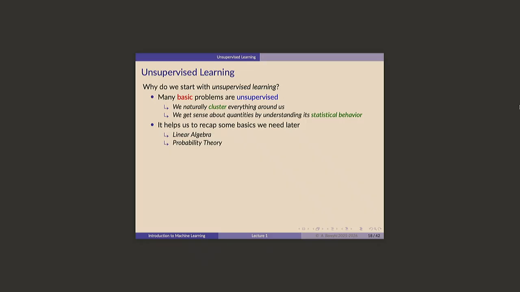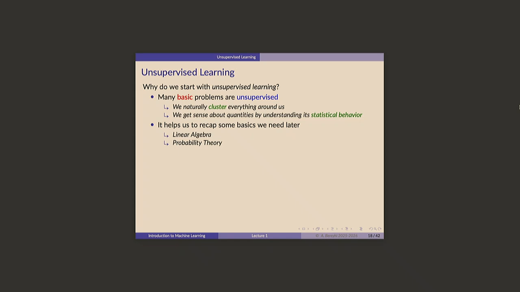But the second thing is that it makes more sense to me to start with unsupervised learning, because the supervised learning problem is actually a special case of this one. This is one point. And there are lots of things involved here, like much linear algebra background that you might need, or probability theory that we can't cover here. So when you get into that part, you don't really get any confusion anymore.